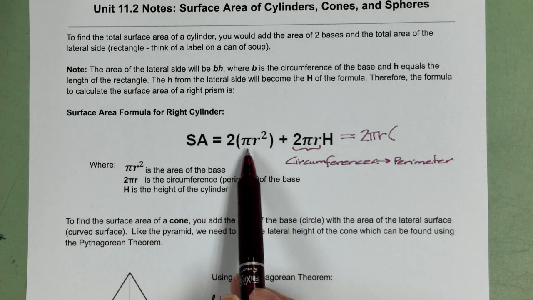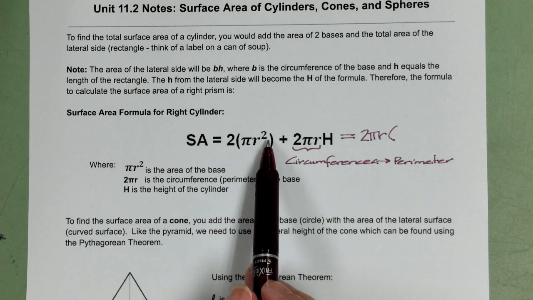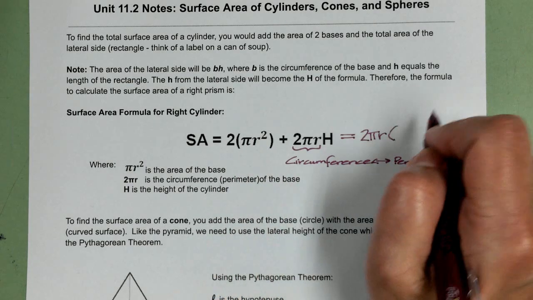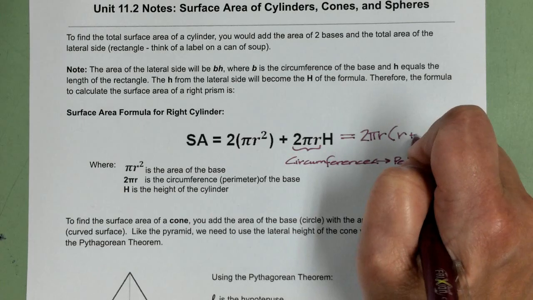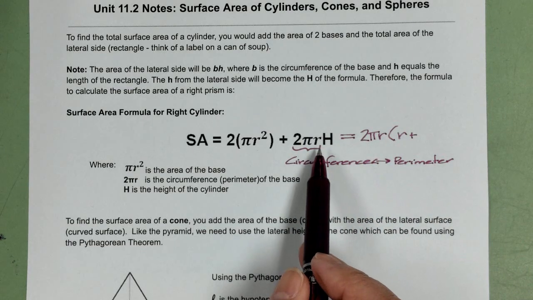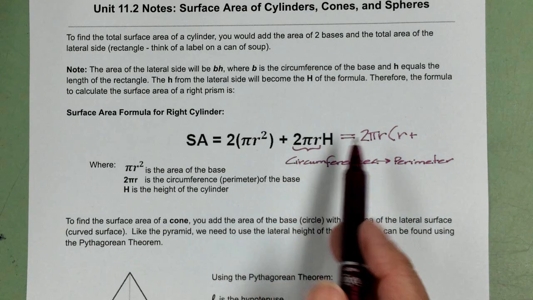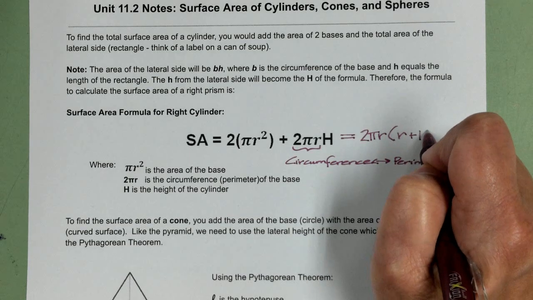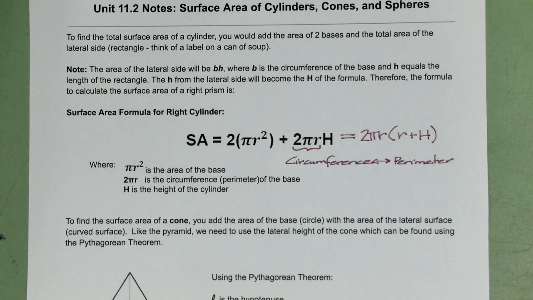And when I take 2 pi r out of this first term, I'm left with 1 r. And if I take 2 pi r out of the second term, I'm left with h. You can use either of these formulas and they will work for you.